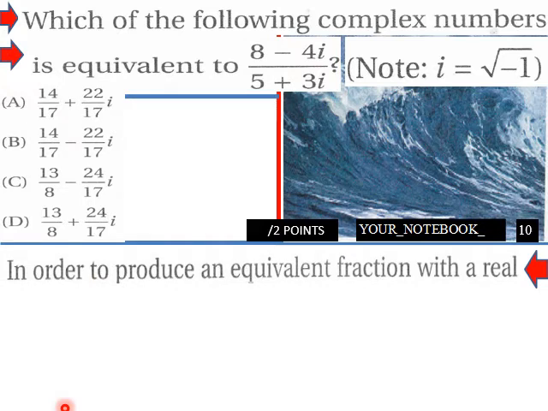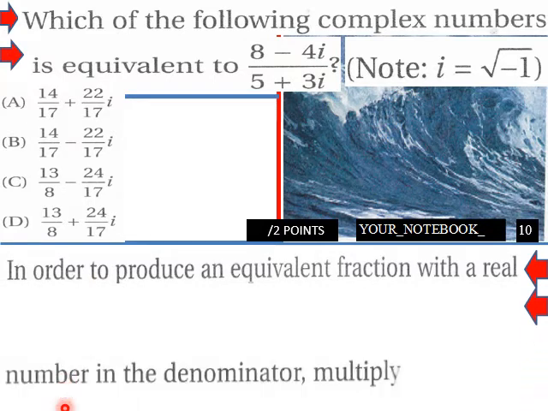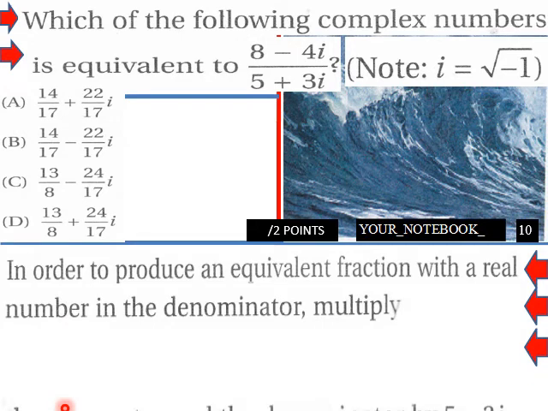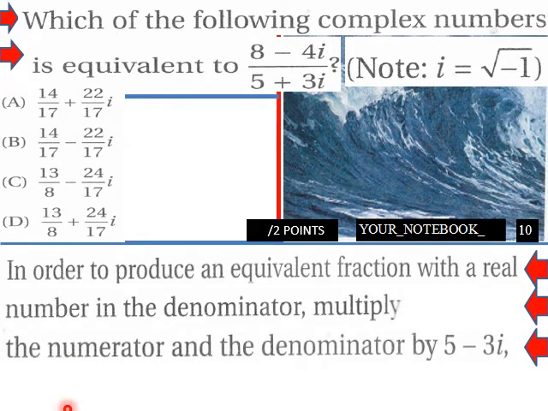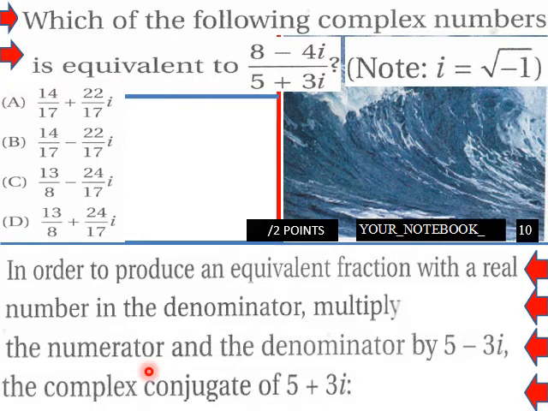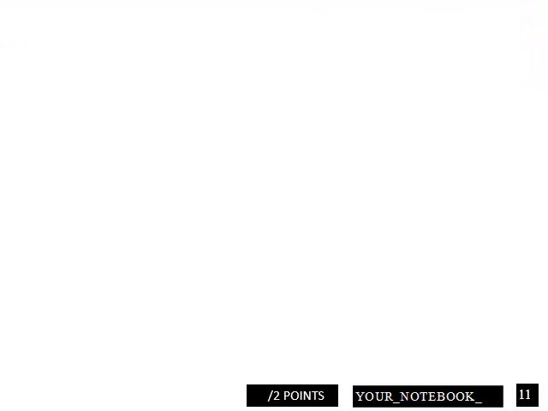In order to produce an equivalent fraction with a real number in the denominator, multiply the numerator and denominator by 5 minus 3i, the complex conjugate of 5 plus 3i.